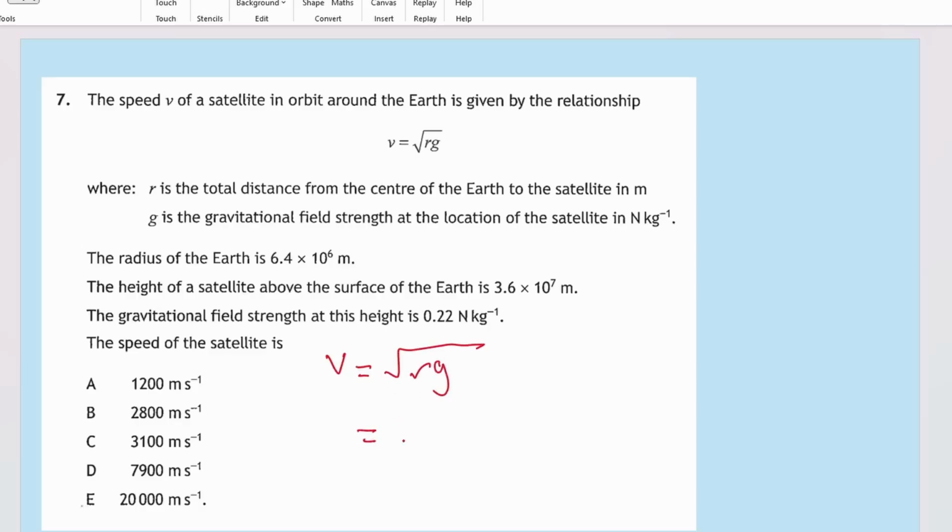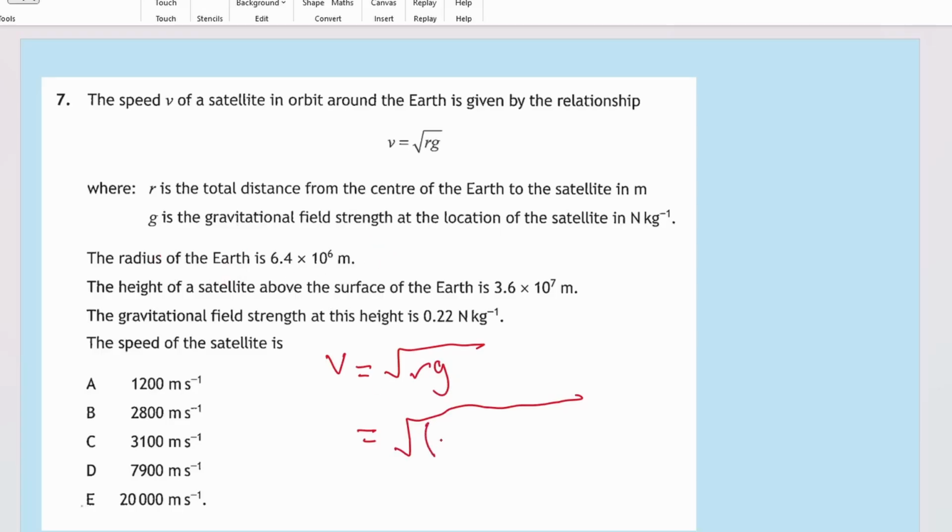And then we do the square root of r, and r is the total distance from the center of the Earth to the satellite in meters. So basically, we need to do the radius of the Earth, which is the center, plus the height of the satellite, which is orbiting above.